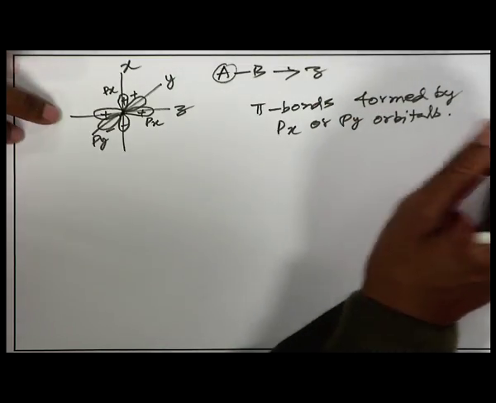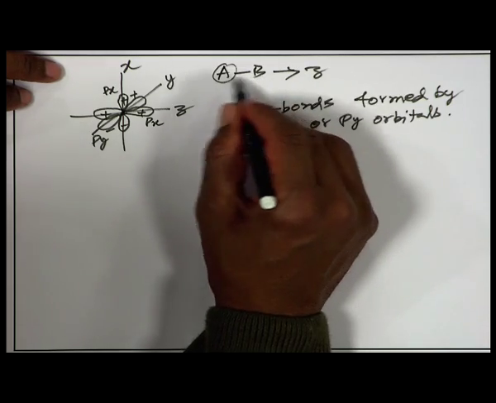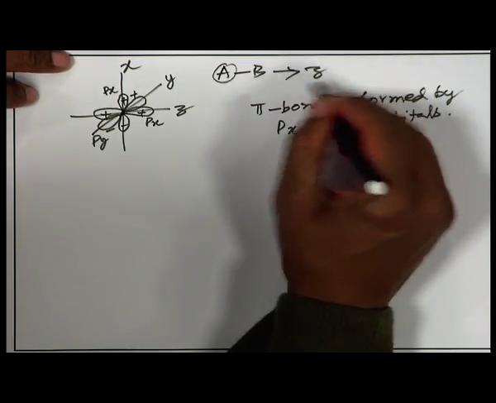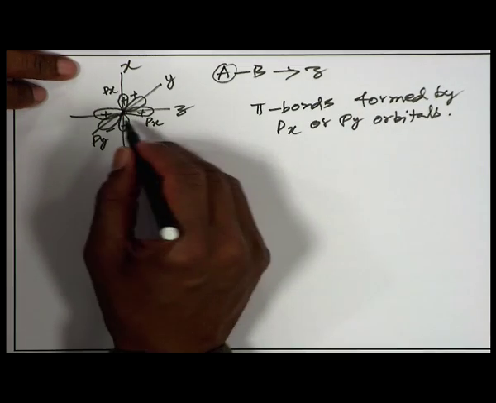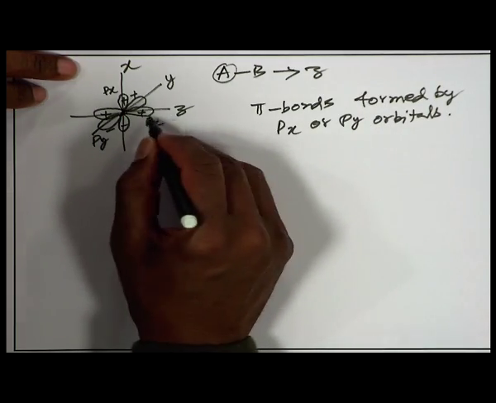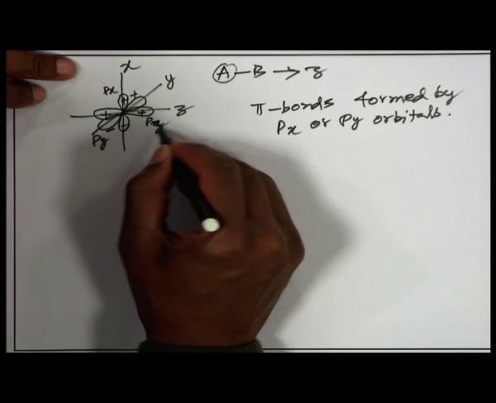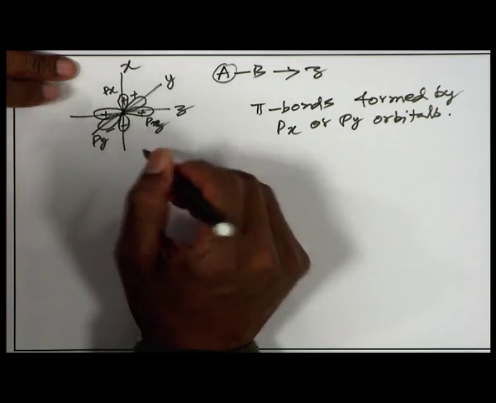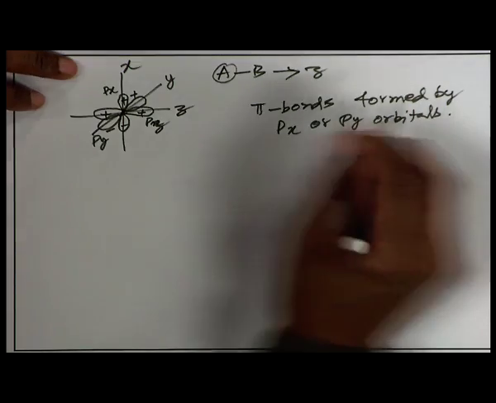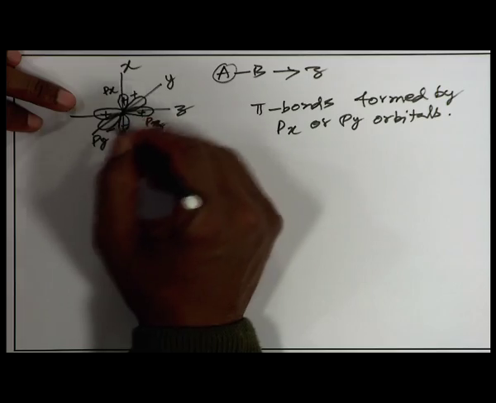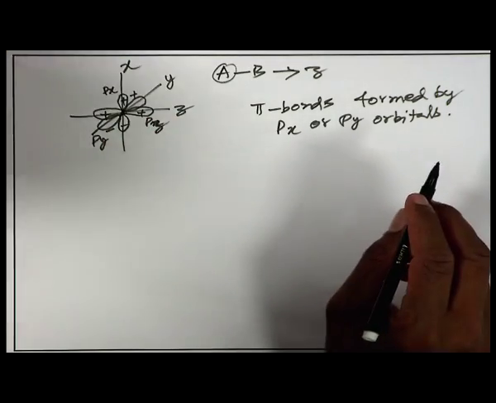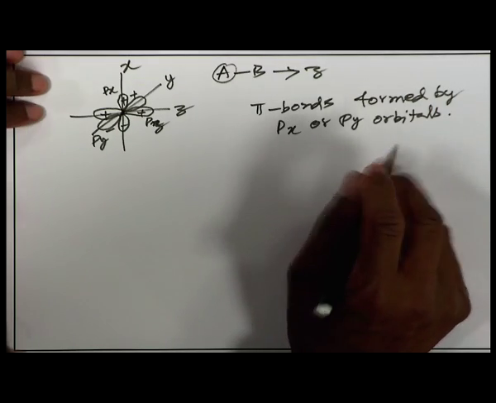Conventionally, the internuclear axis is taken as the z axis. Accordingly, the pz orbital is used to form a sigma bond, and the other two orbitals, px and py, are for forming pi bonds.